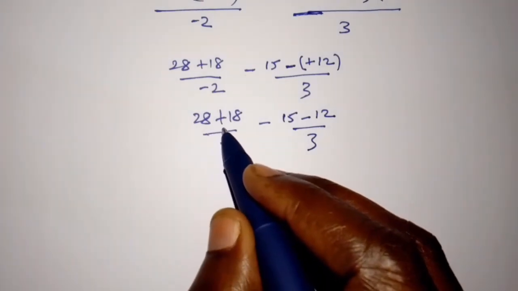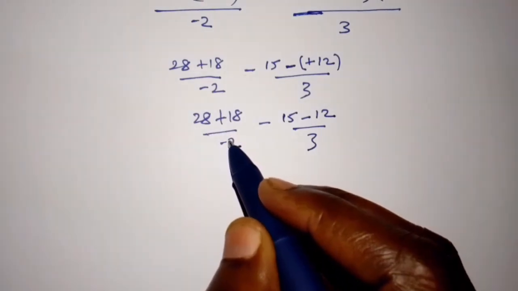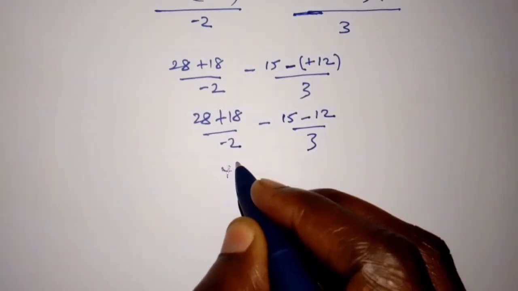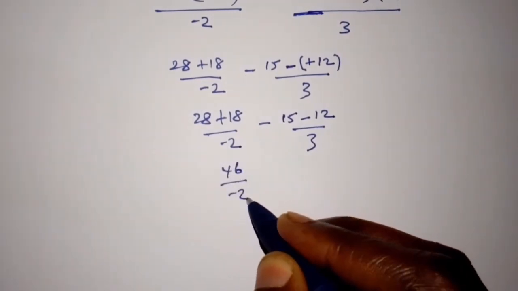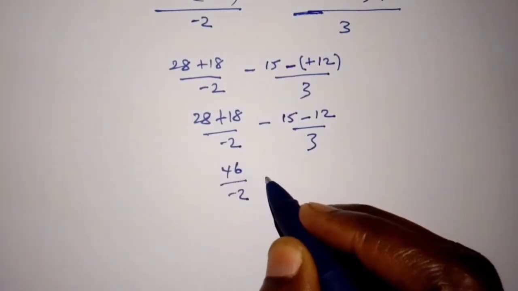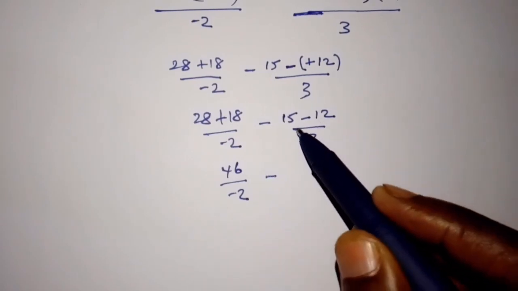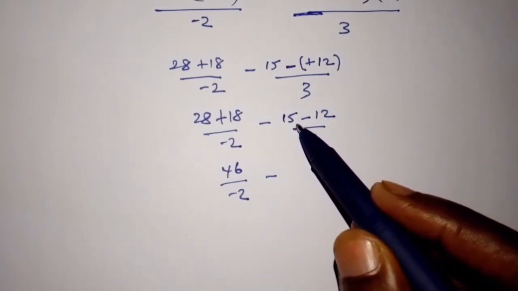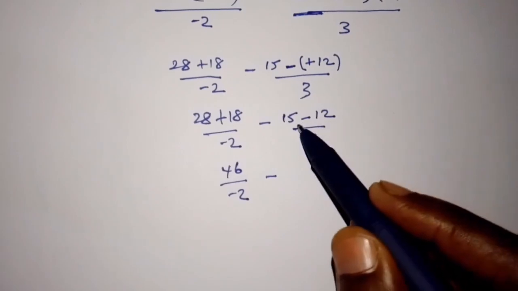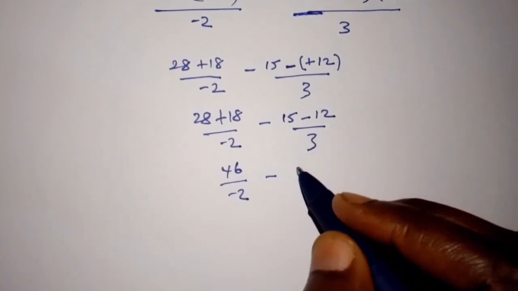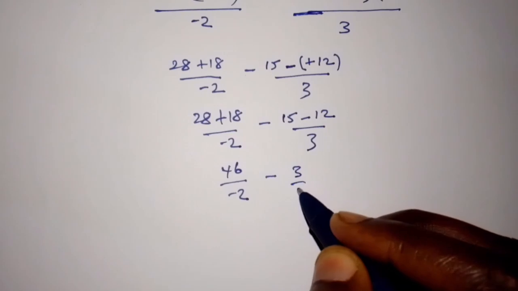So 28 plus 18 is 46 over negative 2, minus 15 minus 12 is 3 over 3.